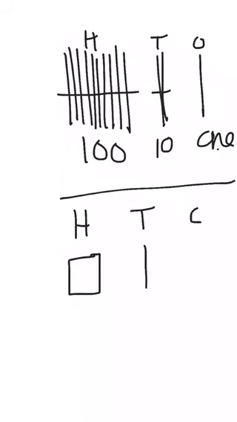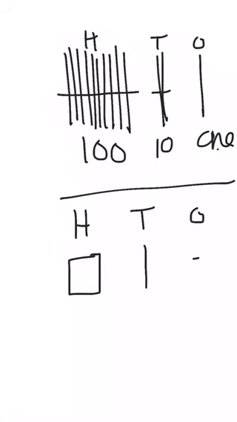And then our ones will just be a dot. So instead of doing the bundles like we had talked about earlier, and the sub may have talked about this, or the sub may have given a different strategy, I'm going to encourage us to use the box for hundreds, a quick 10, and then ones.